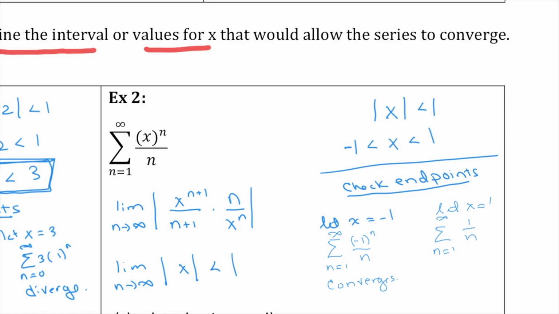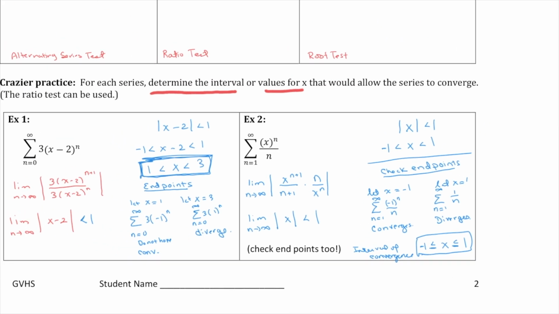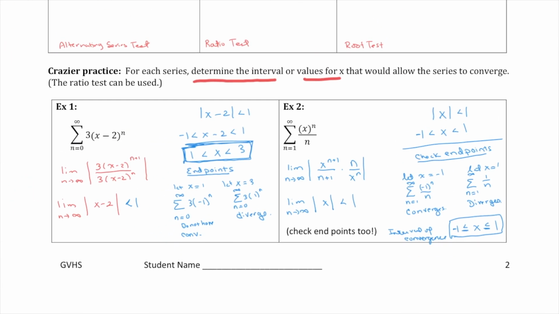And this, again, is your harmonic series, but it's not alternating, so it diverges. Your final answer for the interval of convergence is going to be negative 1 is less than or equal to x is less than 1. So you must check your endpoints whenever you are looking for the interval of convergence.